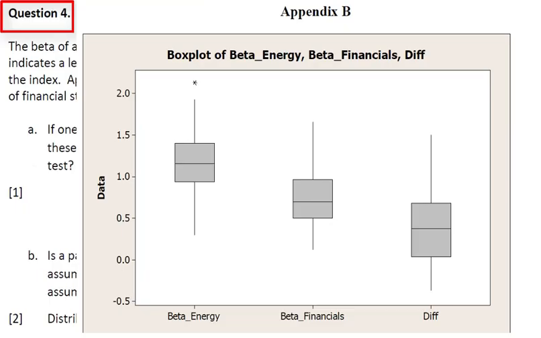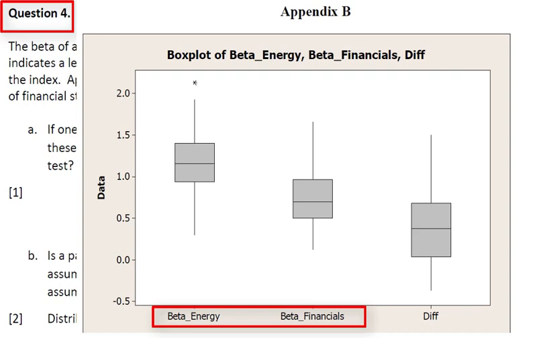Now, why do we have 1, 2, 3 box plots? We have 2 samples, right? We have a sample for energy and another sample for financial. This is about the stock market, and those box plots are measuring the risk level of different stocks. So, energy stocks and financial stocks.